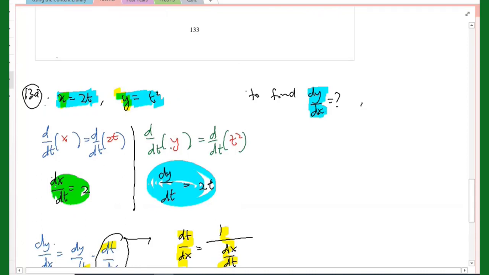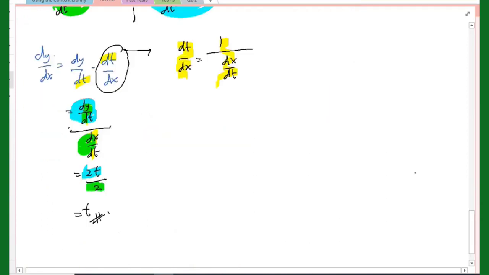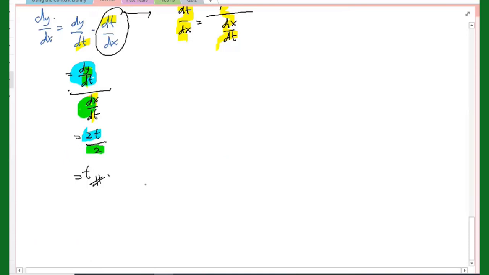Refer to the question, t is equal to 1. Substitute, and it implies that dy/dx is equal to 1. Done. Settled for 13A.